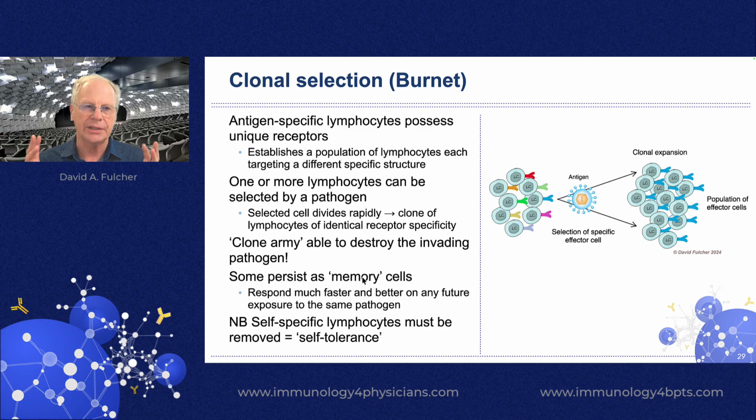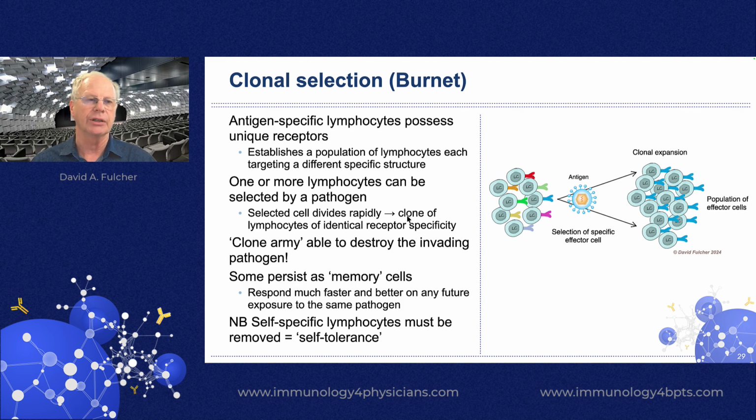Now, the whole adaptive immune system revolves around the clonal selection theory. And this underpins a lot of our understanding of immune responsiveness. First postulated by Burnet and subsequently clearly a central aspect of immunobiology.